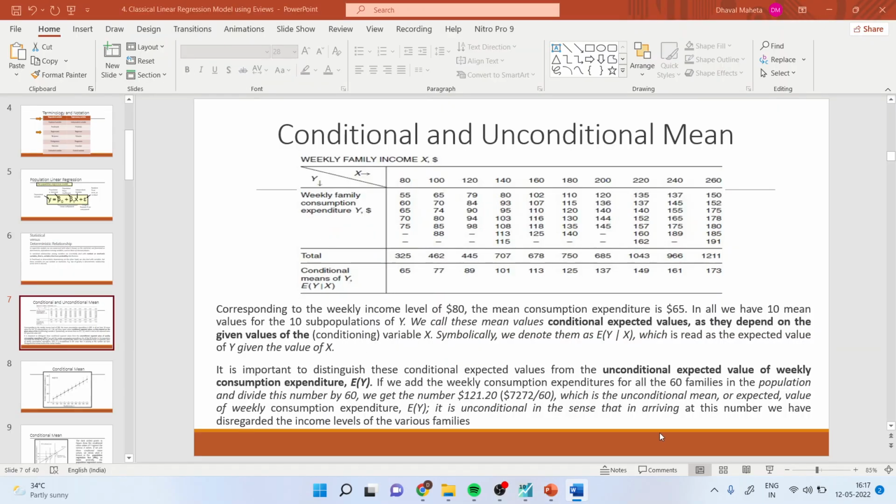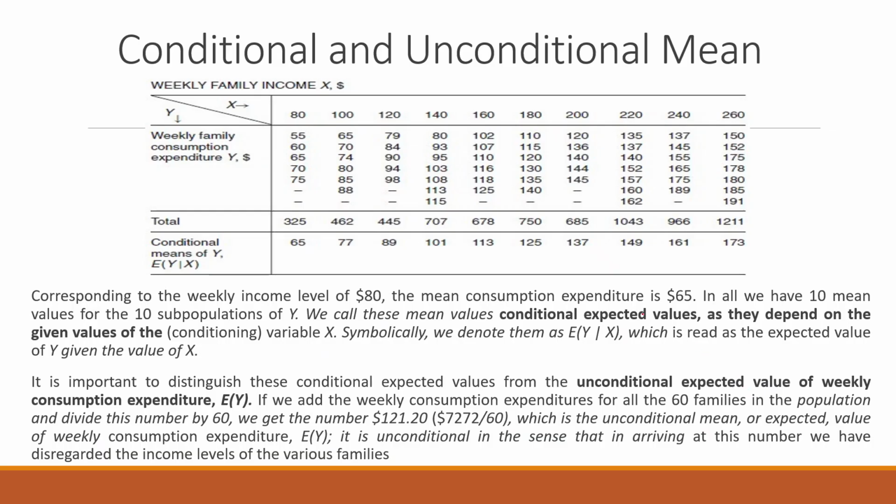Let us try to understand this by this slide. What is the concept of conditional and unconditional mean? For every value of x, we will have some value of y, that is an average. So if the income is 80, there will be families whose expenditure will be 55, 60, 65, 70, 75, and I'll take the summation of it, and when I take the average, I get 65.